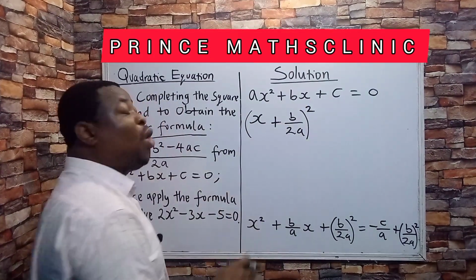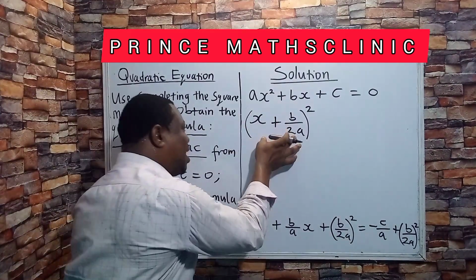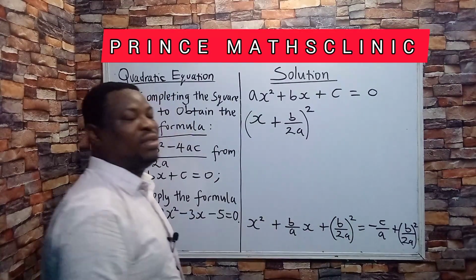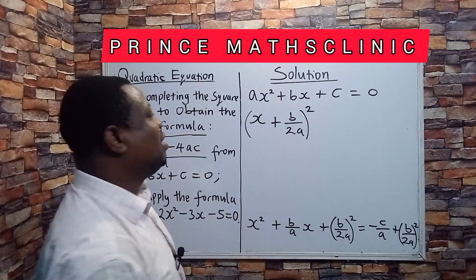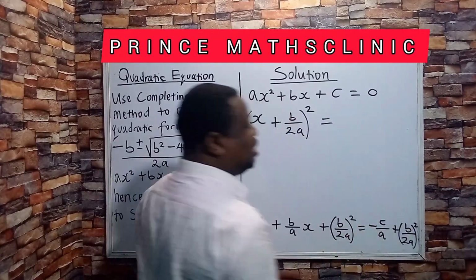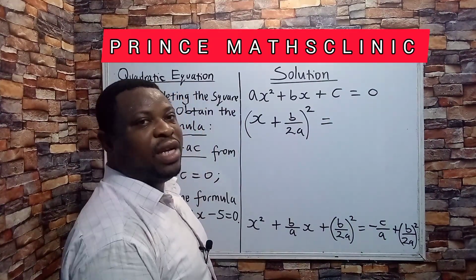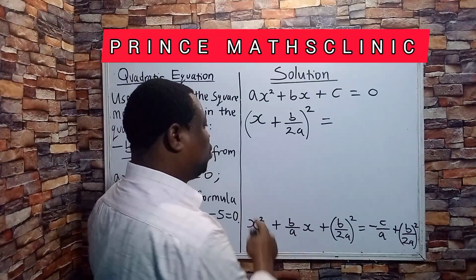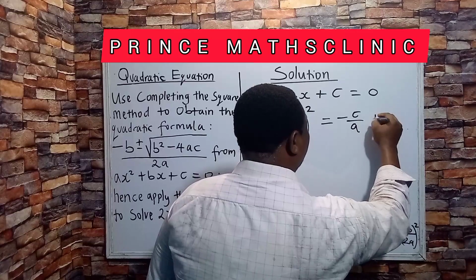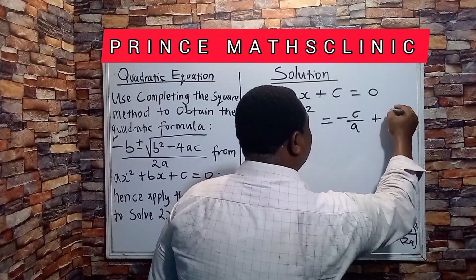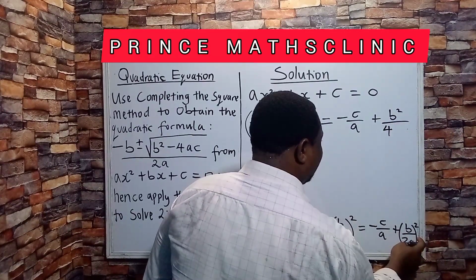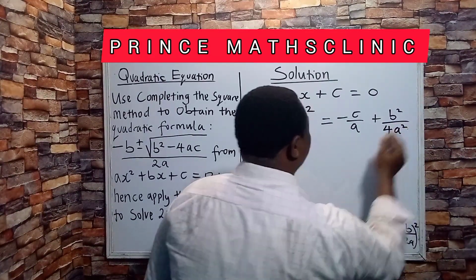I am so confident that if you expand this bracket, you are going to get back everything you have here. It's a guarantee. Now, on the right hand side, simplify by carrying out the operation. The operation is negative c over a plus b squared over 2 squared a squared, so 2 squared is 4, and a squared stays.